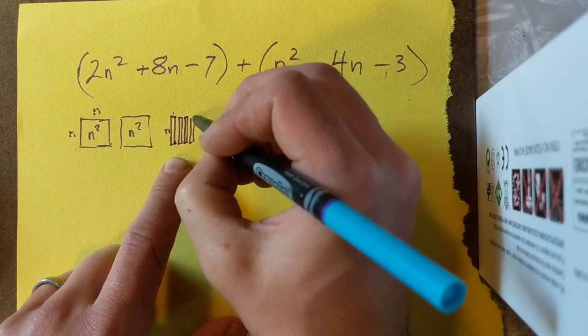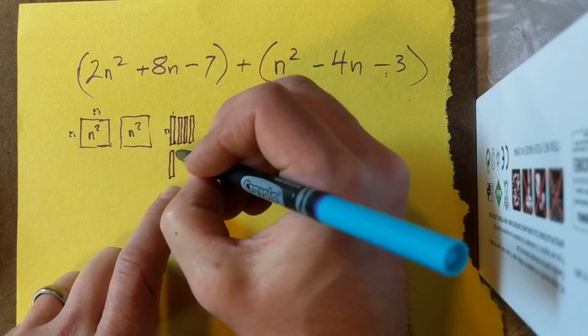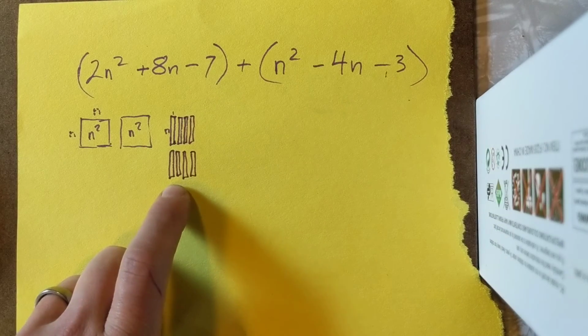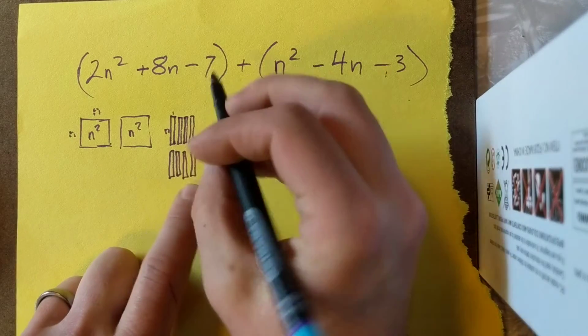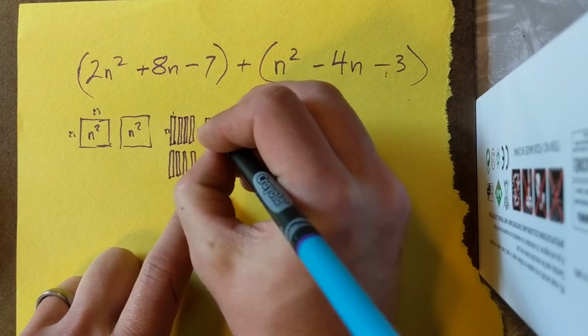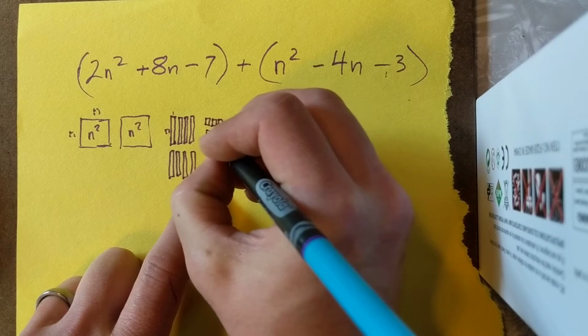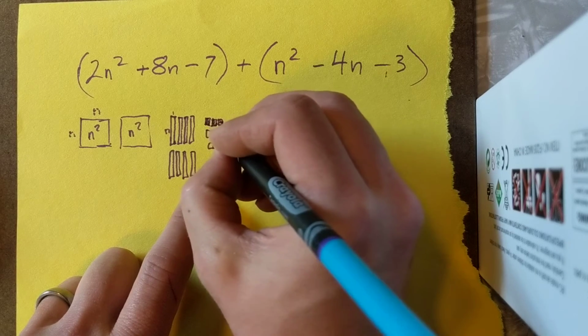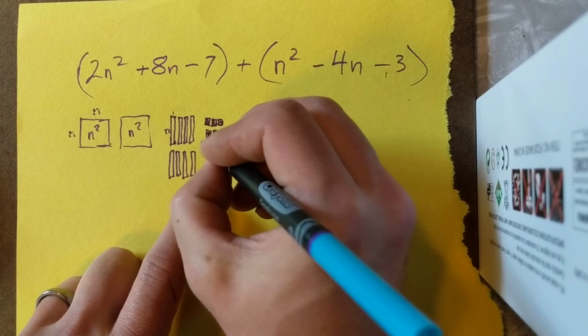There's 3, there's 4. I'm halfway there. I'll draw the rest down here. 5, 6, 7, 8 n's. N strips, I call them. They're n big. Not n squared big, just n big. And then I have these minus 7s. They're kind of annoying. They're negative, so I just have to fill them in to show that they are opposite amounts. That's fine.